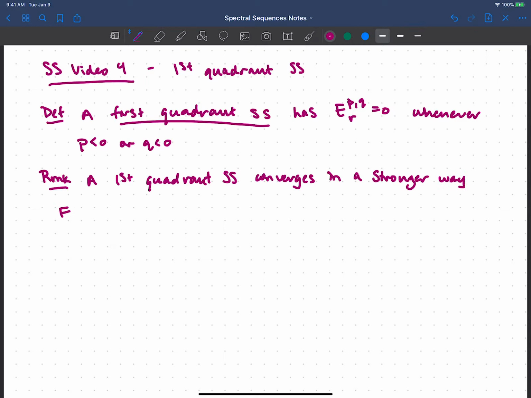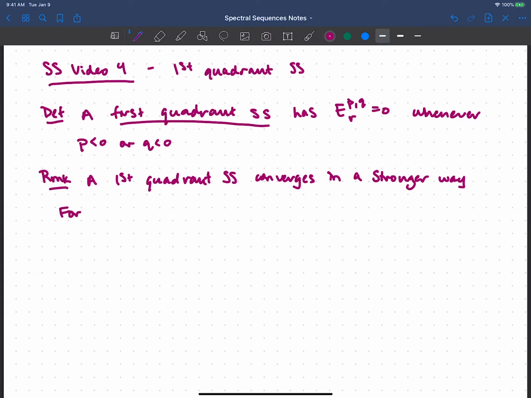What do I mean by that? When we talked about convergence in the last video, we saw that we just wanted the differential out of each spot to be eventually 0, and that even depended on what spot we were looking at. So in a sense, infinitely many things could still be happening.